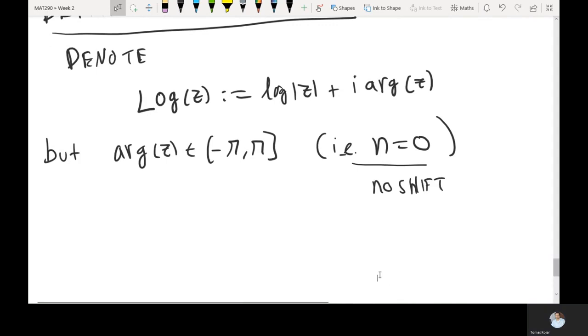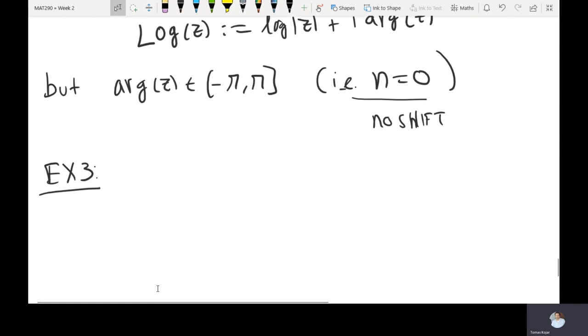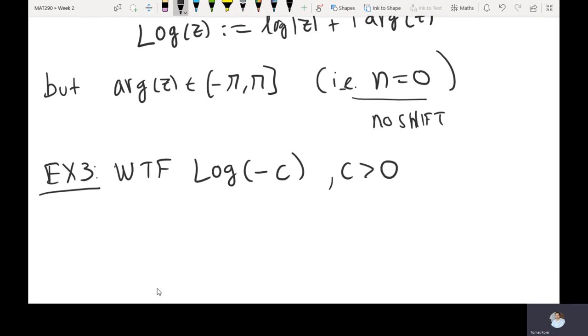Okay, so let me do some examples, and then that will be the end for today. Example 3. All right. Let me start a little bit easy. So I want to find log of minus c, where c is just a positive number.